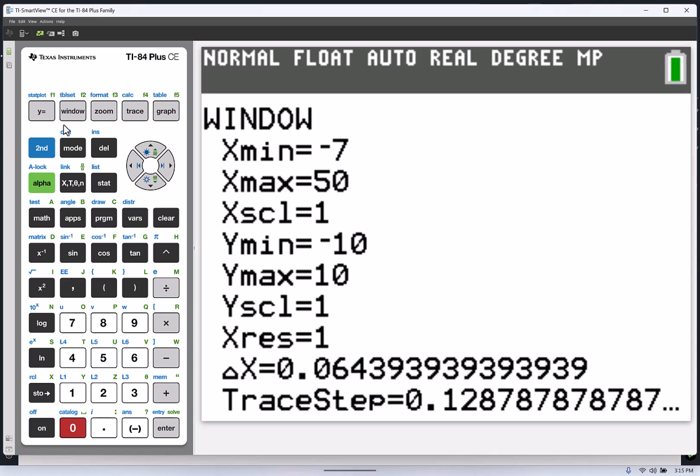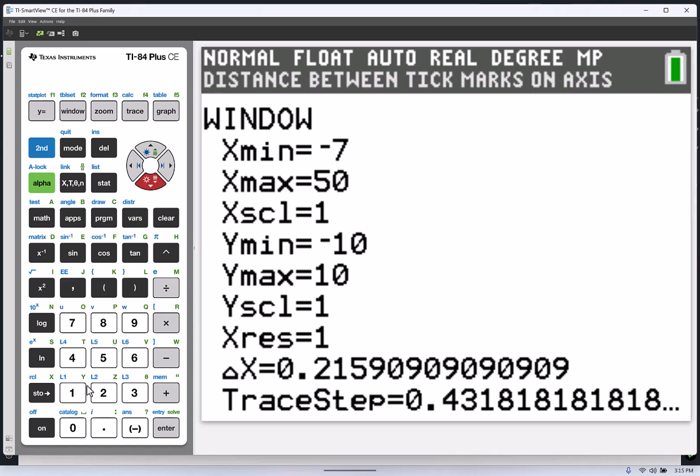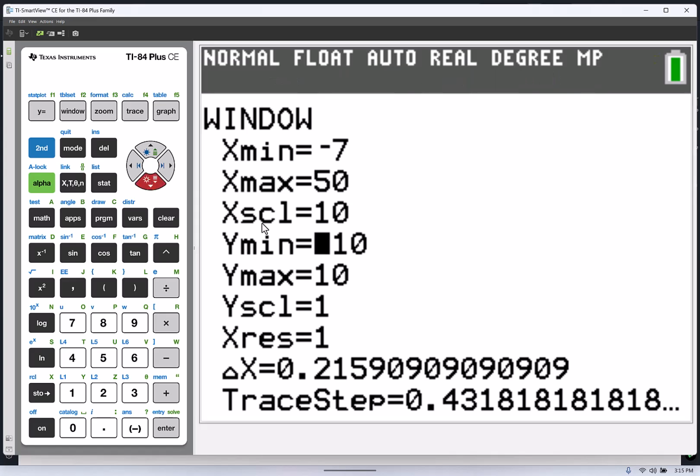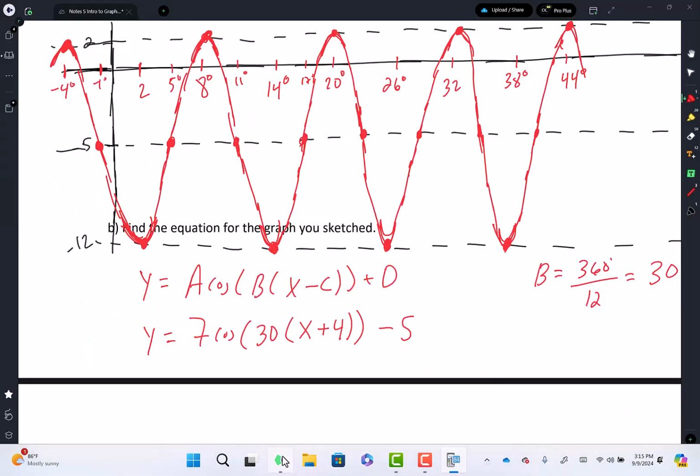I clicked on window. All right. x scale, I'm going to make it by 10. So a whole bunch doesn't come out in the bottom. y min. What's the lowest y value? -12.